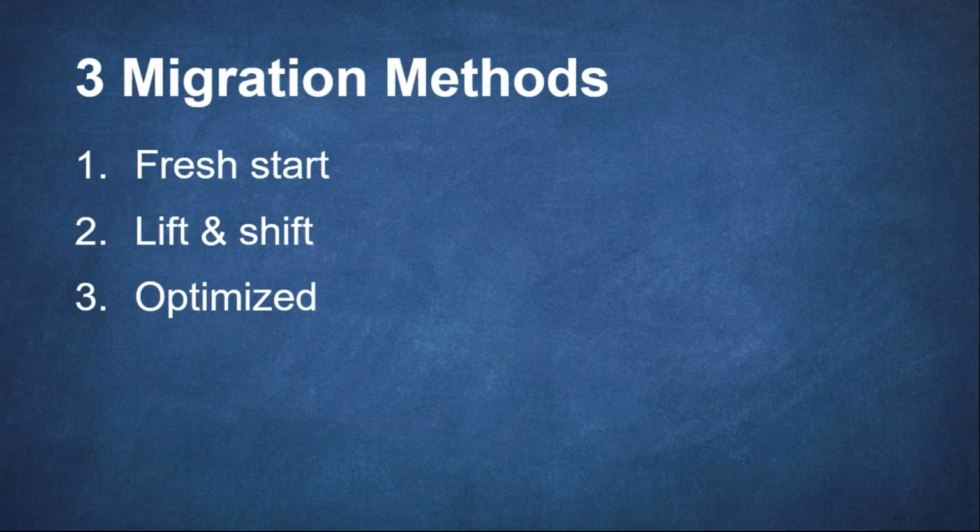The second is lift and shift. This is essentially pending content that you can't migrate because of size. You move everything over in its current state. This is not the approach that I favor initially in most cases, because while you may be able to check a box and say that you've migrated everything, the question remains: what have you done to make the users' work lives better? You're going to have to reorganize at some point, and chances are that you've taken whatever has grown organically over the course of multiple years and put it behind a new URL.